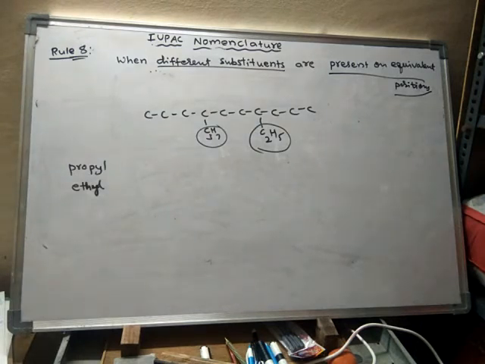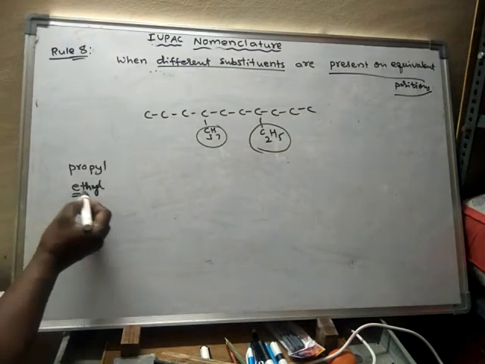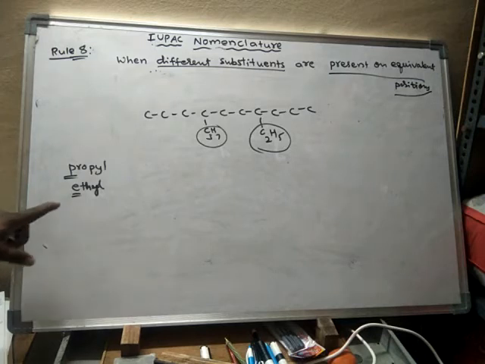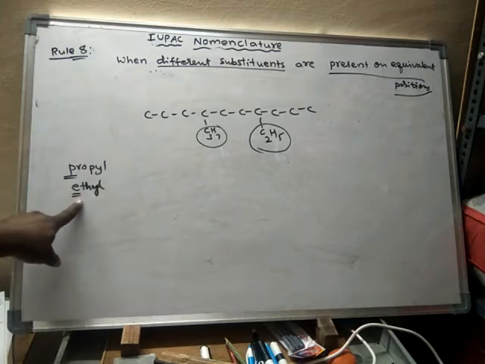Then what do we have to do? Remember that in that case we have to follow the alphabetical order of the substituents, and the substituent which comes first in the alphabetical order should get the lowest number. Which substituent will come first? Ethyl will come first.